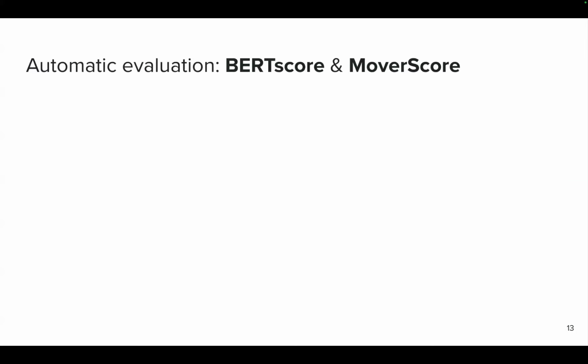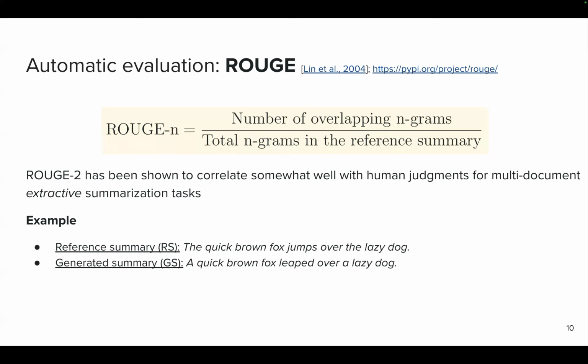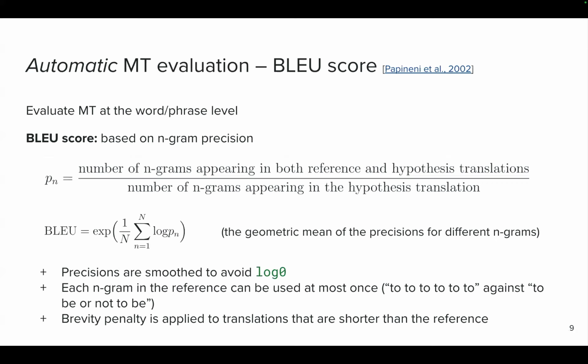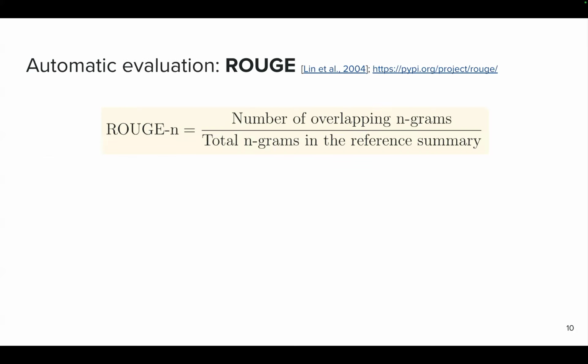Okay, so yeah, we have seen Blue, we have seen Rouge. One thing that's important to recognize with both Blue and Rouge is that they are just checking the overlap between bigrams, right?